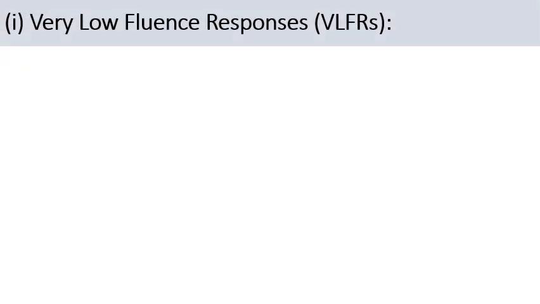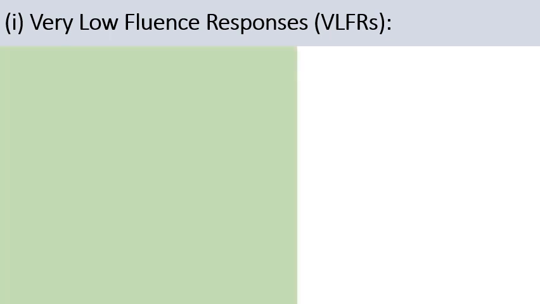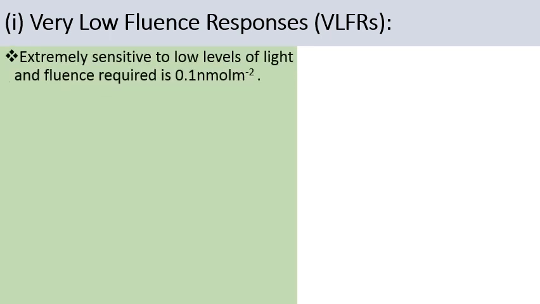So firstly, very low fluence responses, abbreviated as VLFRs. So these responses are sensitive to very low level of light stimulus or fluence. These responses are extremely sensitive to low levels of light and fluence, and it requires light fluence of 0.1 nanomoles per meter square.